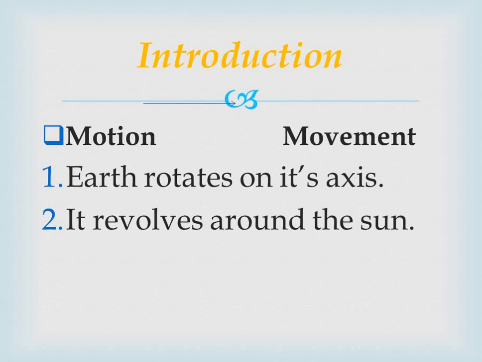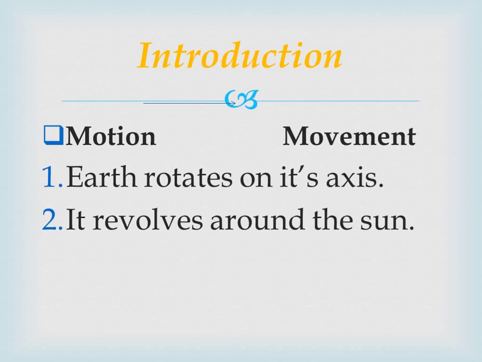First of all, if we talk about motion, motion means movement. So here basically we are talking about the movements of the earth. Earth, the planet where we live, is also known as the unique planet because only earth is a planet where life is possible. So we will talk about the two types of movement of the earth.